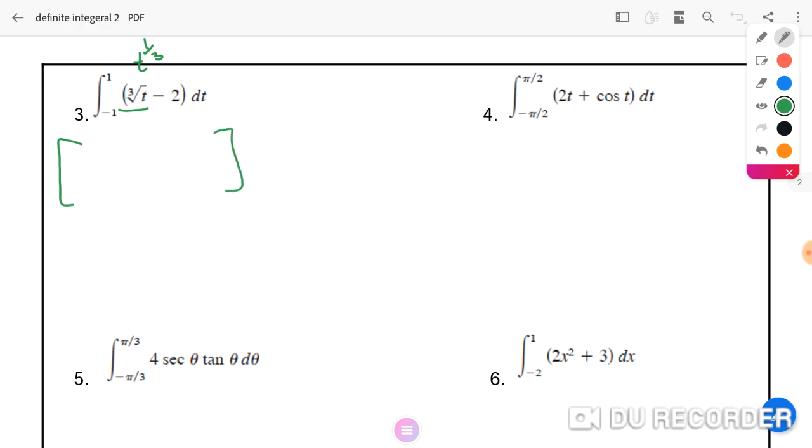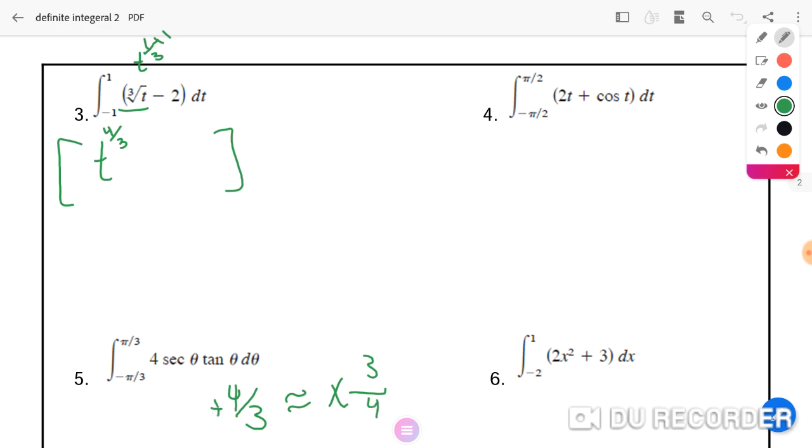In this case, look here. I have to add 1 to the exponent, which will be 4 over 3. Then I have to divide by this new exponent. But as you know, dividing by any fraction is equivalent to multiplying by its reciprocal.